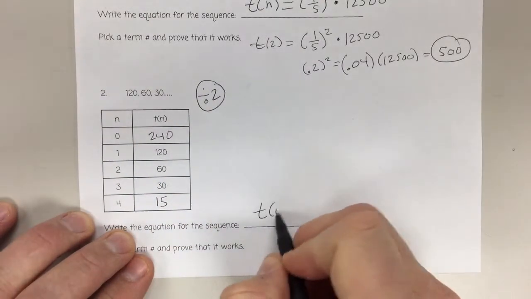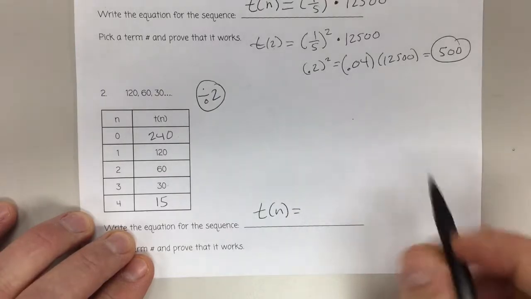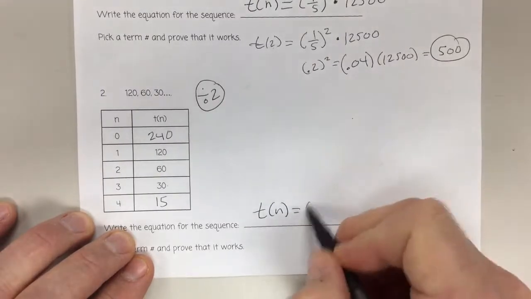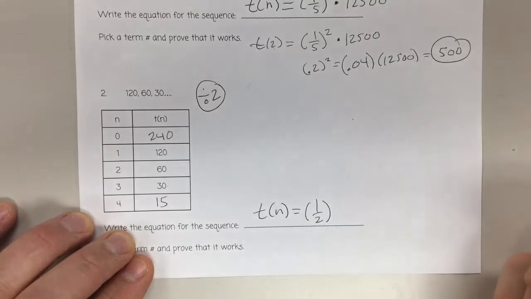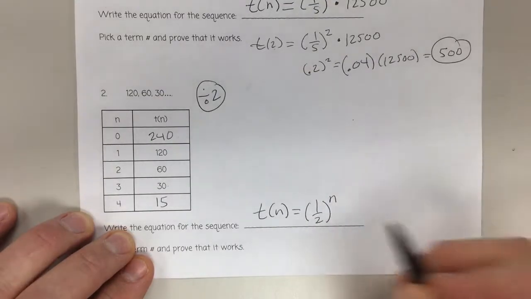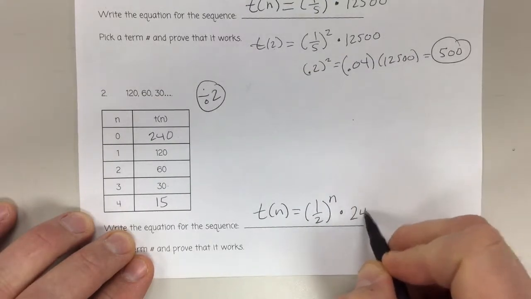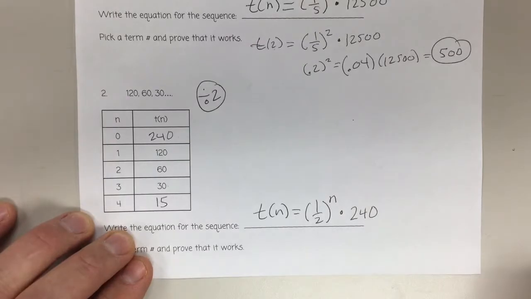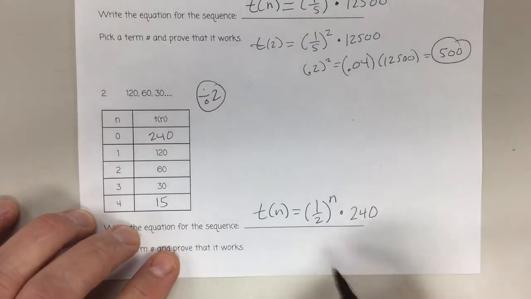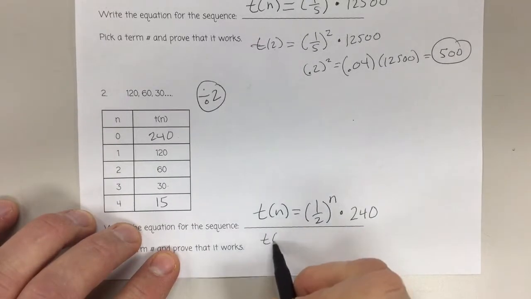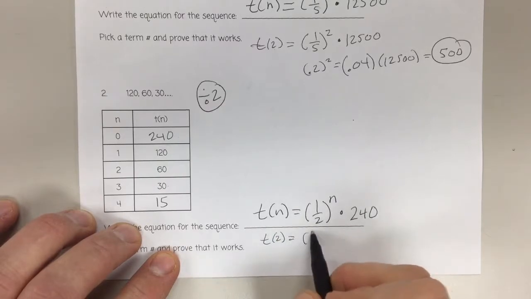The equation becomes t sub n equals, dividing by 2 I write as 1/2, n is the power, multiplied by the 0 term. To see if it works, I could test this on term 2.